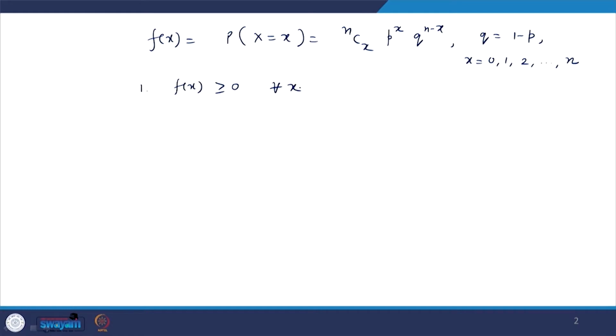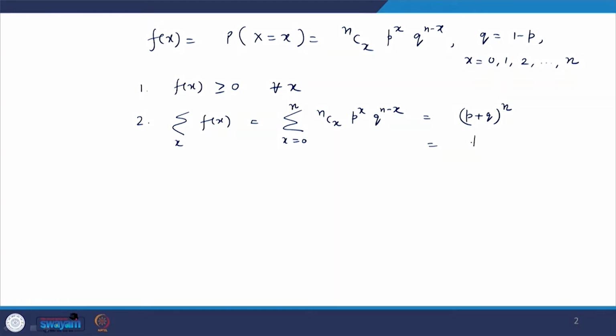Now, the sum of all f(x) should be 1 if it is a distribution function. So, the sum of nCx p raised to power x q raised to power n minus x, x varying from 0 to n, is nothing but (p plus q) whole raised to power n, as per the binomial theorem, and p plus q is 1. So, 1 raised to power n is 1.